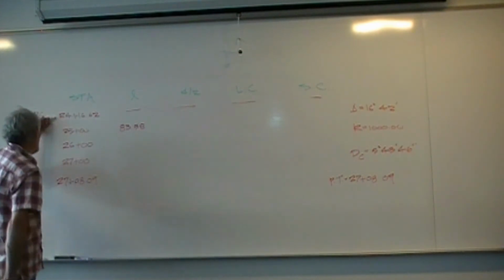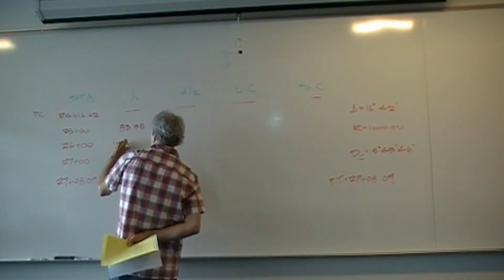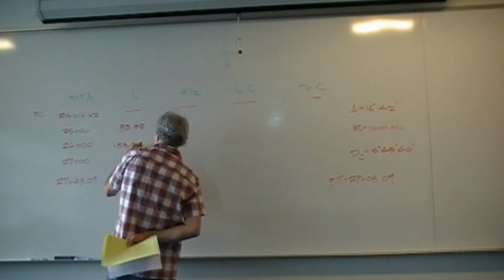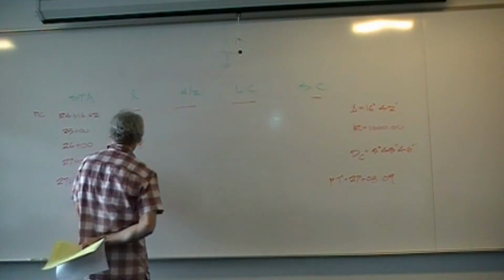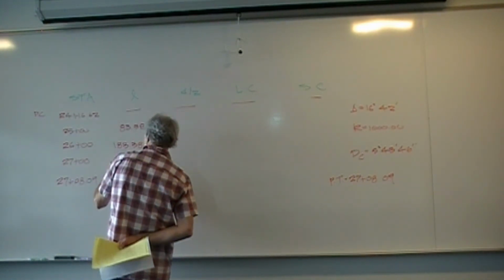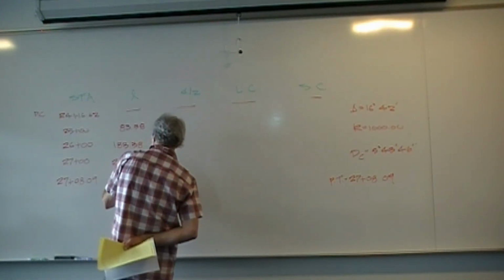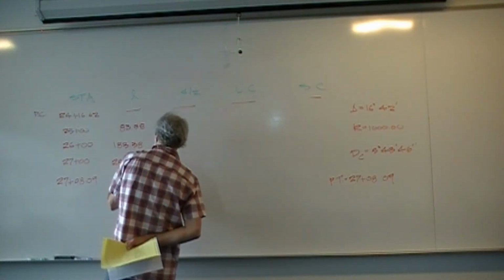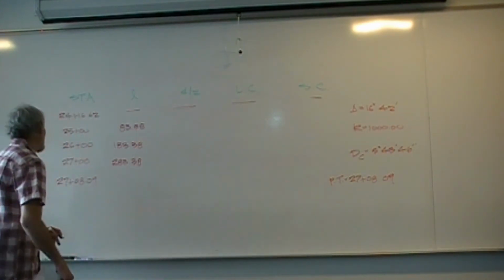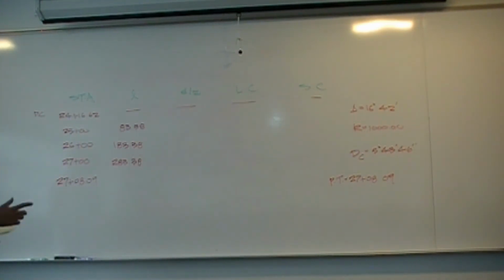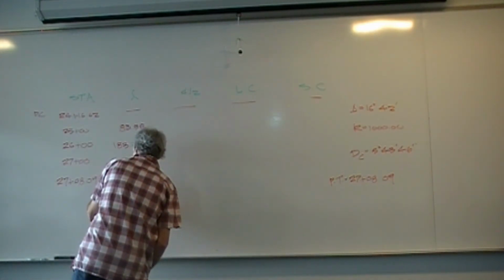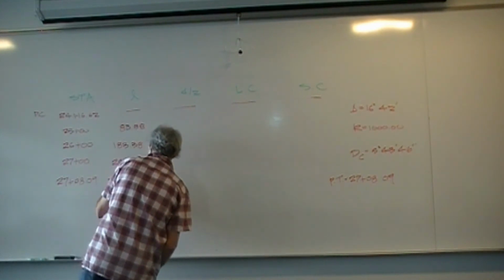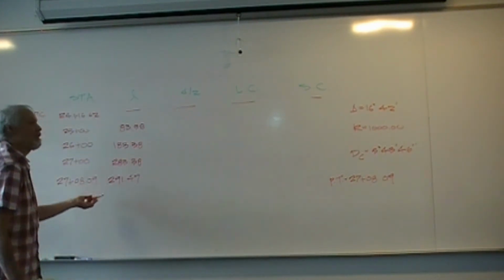Then this L is just another 100 feet, so that becomes 183.38. Subtract again, we get 283.38. Ultimately, subtracting PC and PT, we should come up with what our initial L value was, which happens to be 291.47. So this is the big part of your setup right here.